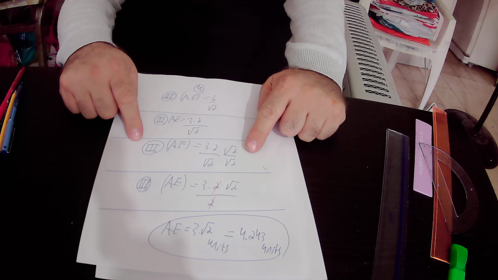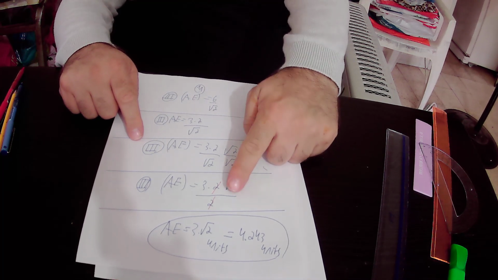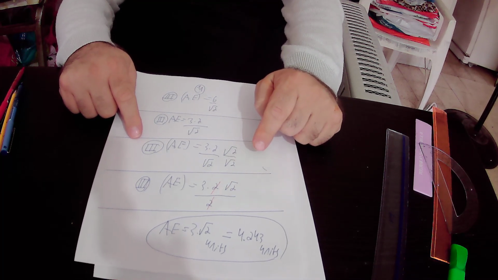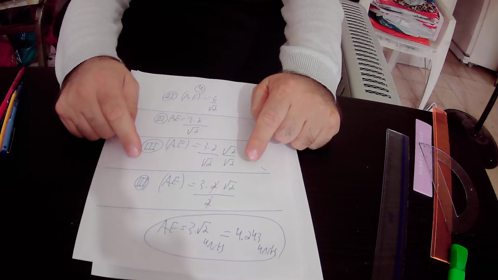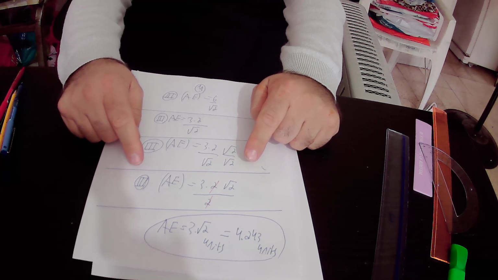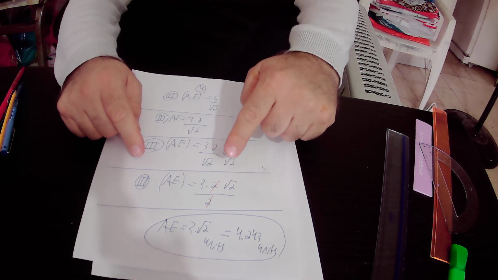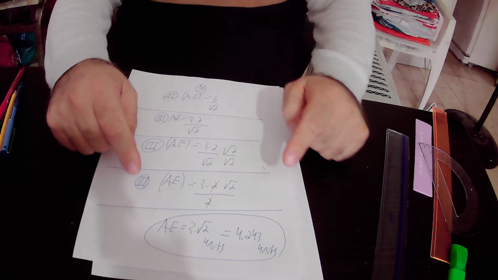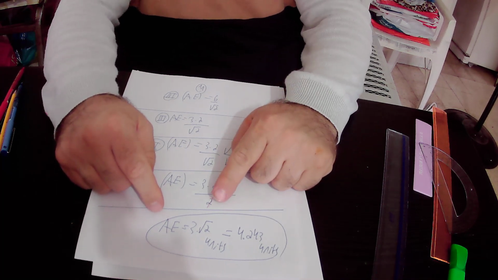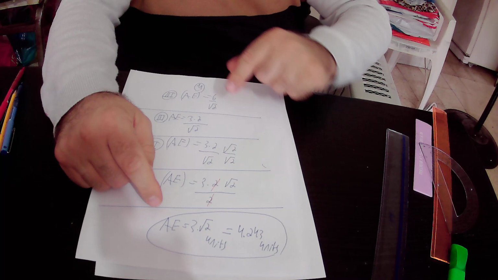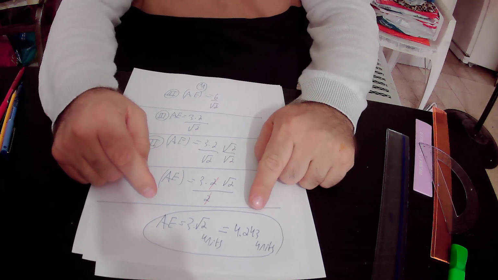Here the square root of 2 times the square root of 2 is 2. So AE equals 3 times 2 times the square root of 2 over 2. 2 over 2 is 1, so the 2 gets cancelled. And we found out that AE equals either 3 times the square root of 2 units or 4.243 units.